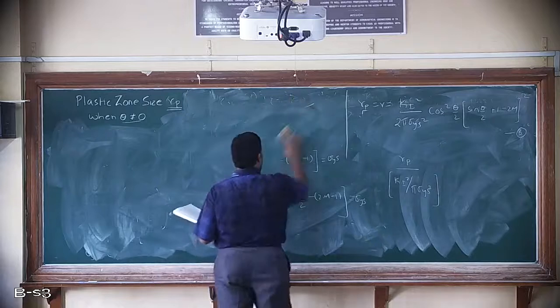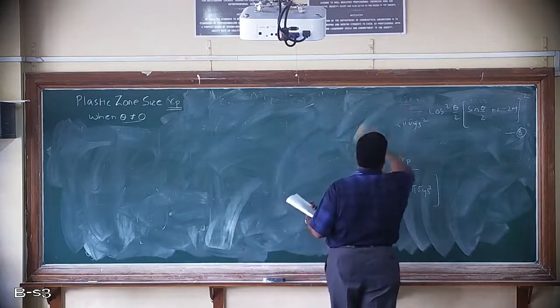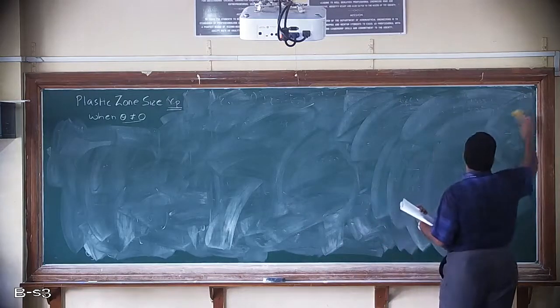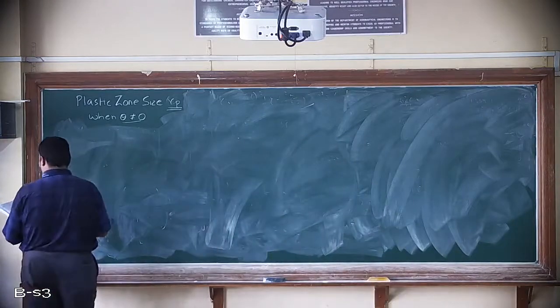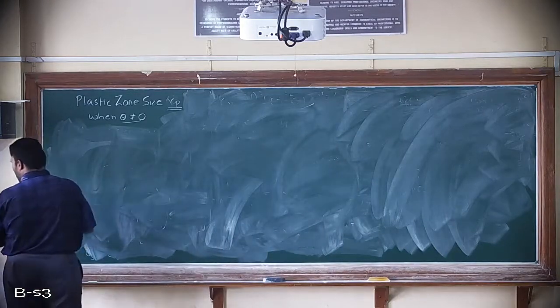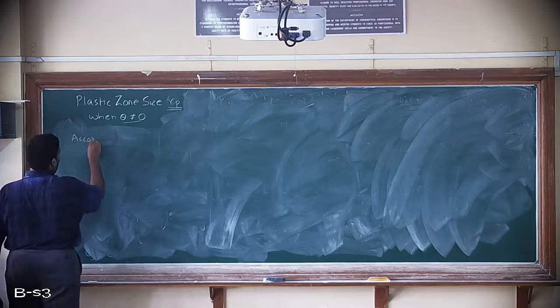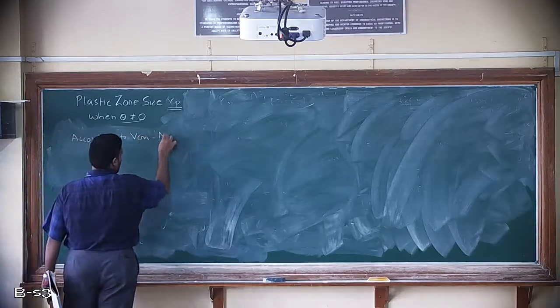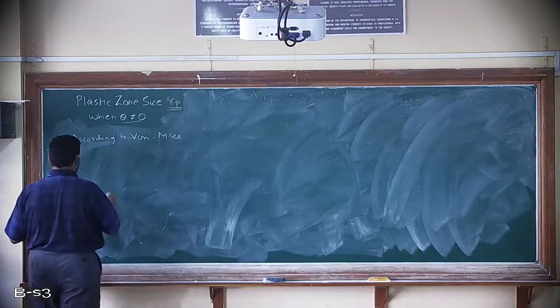So using that equation, we shall now draw these plastic zone sizes. So here we have the first condition, that is as per the von Mises criteria. So according to von Mises criteria, we have this plastic zone size this way.